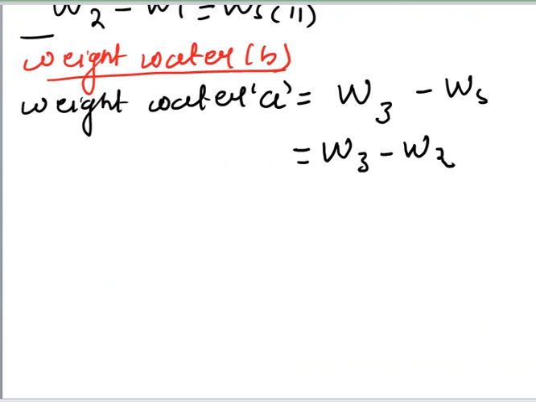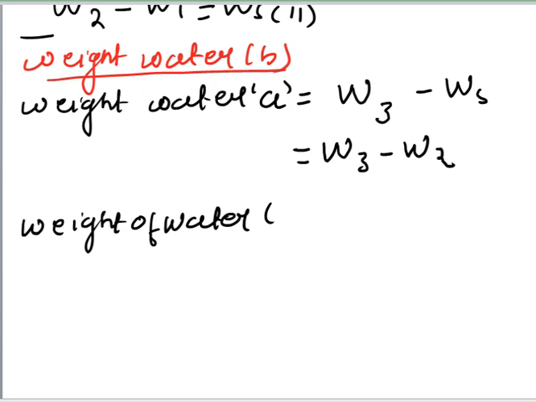Now again, what will be the weight of water in jar number 4, meaning weight of water A plus B? It is just the weight of jar number 4 minus the weight of jar number 1, the empty jar.